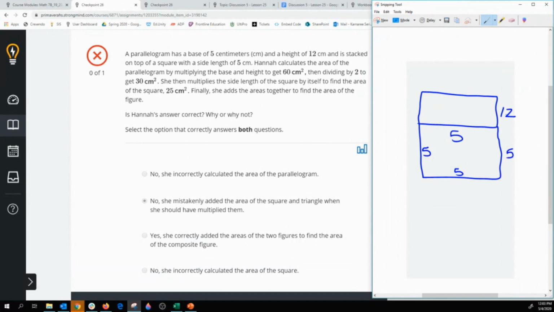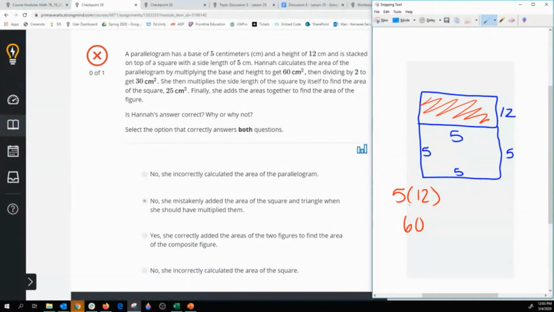So it says that Hannah calculates the area of the parallelogram by multiplying the base and height. So that's this first part up here that Hannah's doing first. So she's doing 5 times 12, and she gets 60, which is correct.